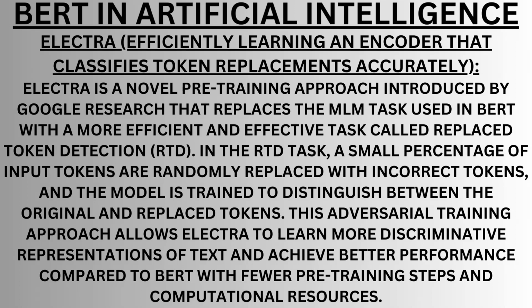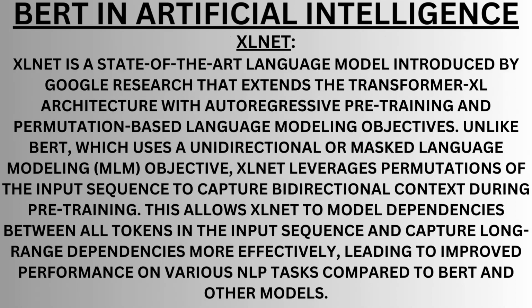In the RTD task, a small percentage of input tokens are randomly replaced with incorrect tokens, and the model is trained to distinguish between the original and replaced tokens. This adversarial training approach allows ELECTRA to learn more discriminative representations of text and achieve better performance compared to BERT with fewer pre-training steps and computational resources.